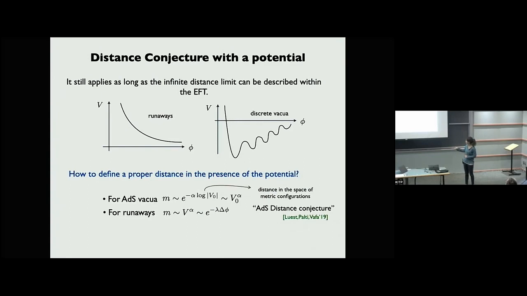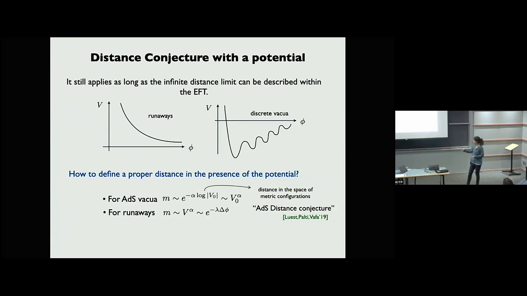You can see here the importance of these exponential rates I'm talking about, because this exponential rate is what is going to tell us if we have scale separation or not. So it's not about satisfying the distance conjecture or not, it's about all these numerical factors, and trying to classify what the possible limits are and what values we get. And for runaways, it also happens that both the mass and the potential decay exponentially.